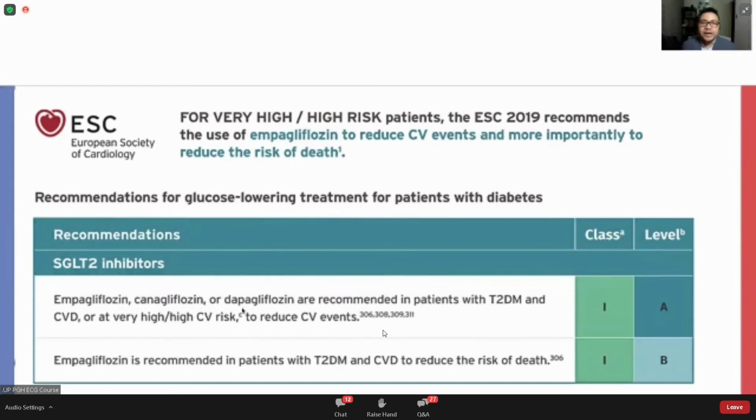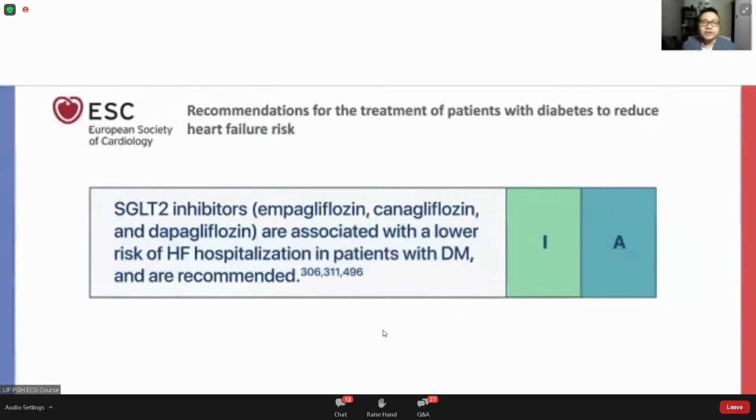But it was only empagliflozin that has been recommended for these high or very high risk diabetic patients to reduce the risk of death. Another recommendation is for these 3 SGLT2 inhibitors, which are associated with a lower risk of hospitalization for heart failure in this high or very high risk population of diabetic patients, and are therefore recommended.